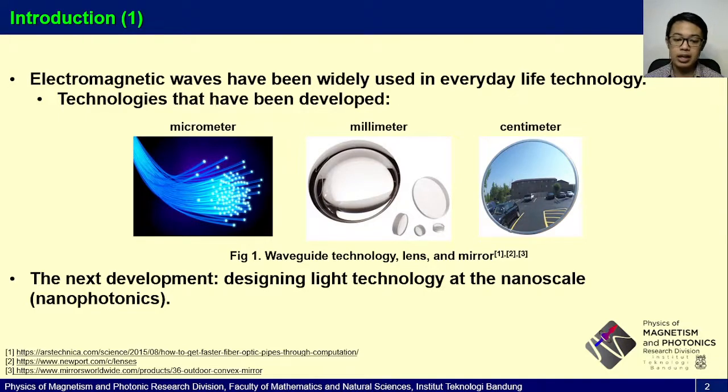Conventionally, light manipulation is done using lenses, diffraction gratings, mirrors, and so on. The conventional technology has dimensions that are much larger than the wavelength of light. In its development, researchers are trying to design light technology with dimensions that are in the order of the wavelength of light, which is nanoscale.